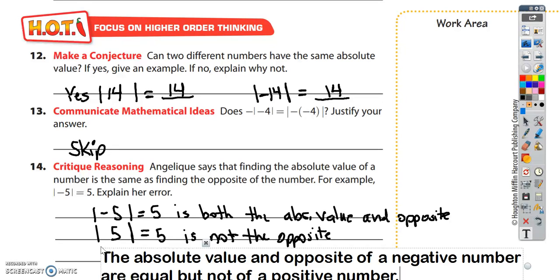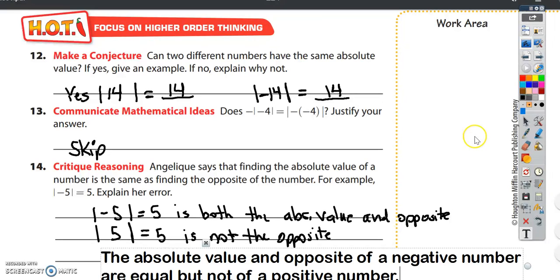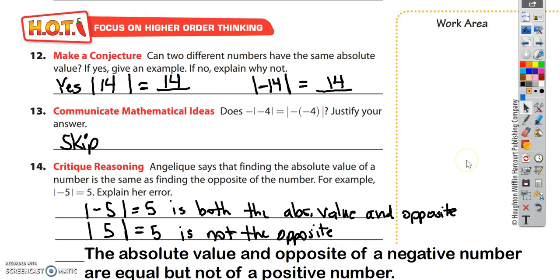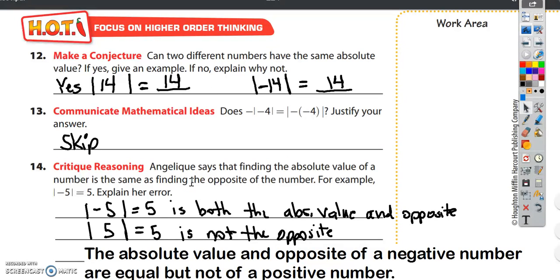So she's actually right about half the time. And that's what a lot of kids actually struggle with. A lot of kids think that absolute values and opposites are the same thing, and sometimes they are, but not always. If I give you a positive number, the absolute value is that same positive number, and the opposite is a negative. So, okay, we are done with lesson 1.3.